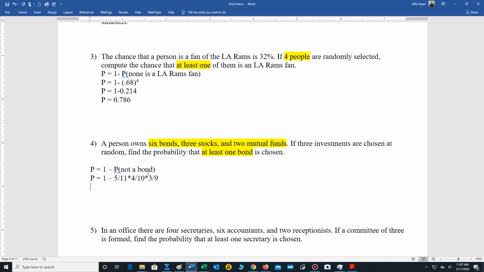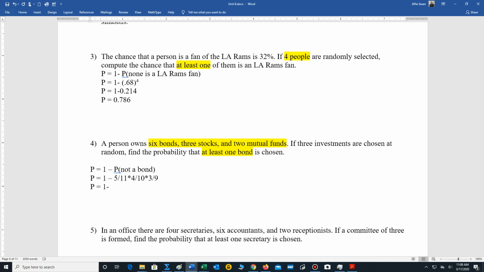And so let's go ahead and perform the calculation. We get 1 minus, let's multiply 5 out of 11 times 4 out of 10 times 3 out of 9.